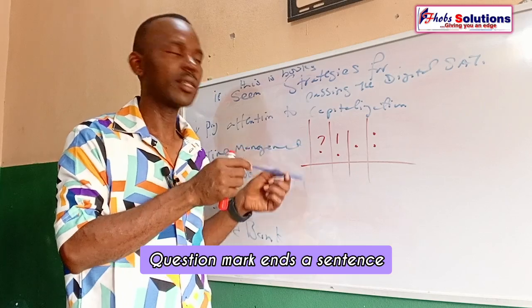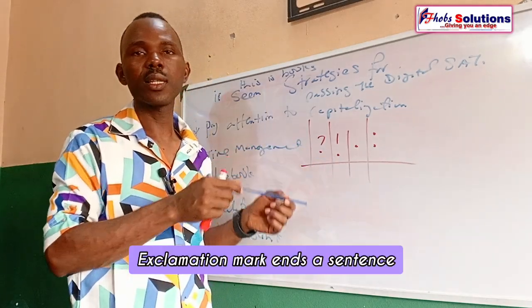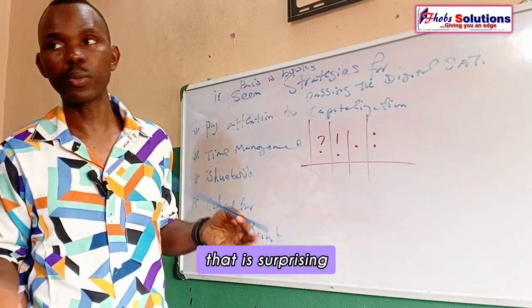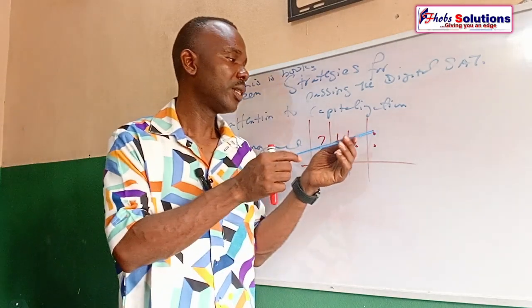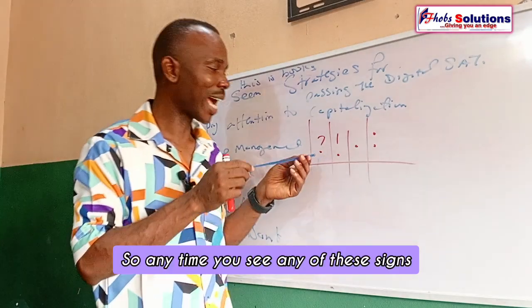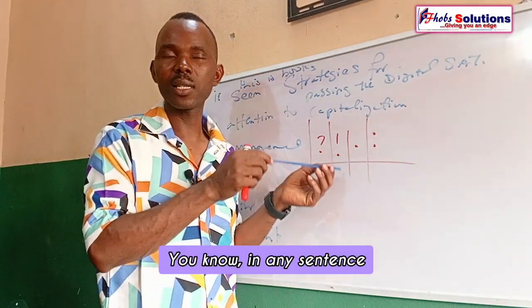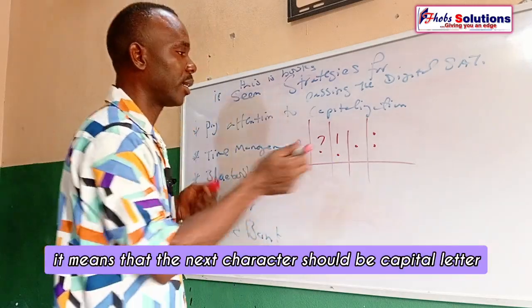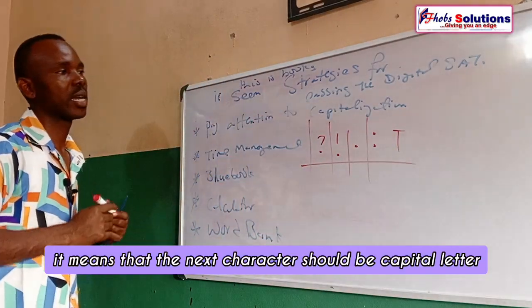Question mark ends a sentence if it is a question. Exclamation mark ends a sentence if it's something that is surprising. Period ends a sentence when you are done with your idea. This also. So anytime you see any of these signs in any sentence, it means that the next character should be a capital letter.